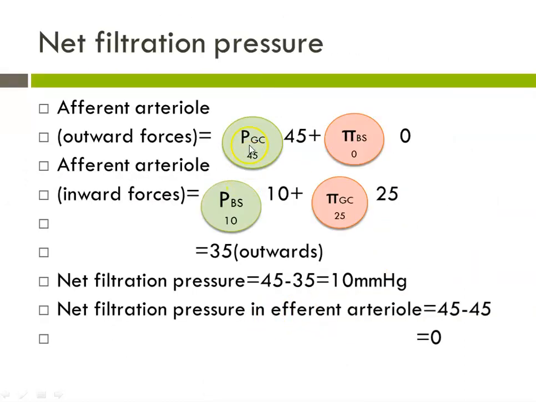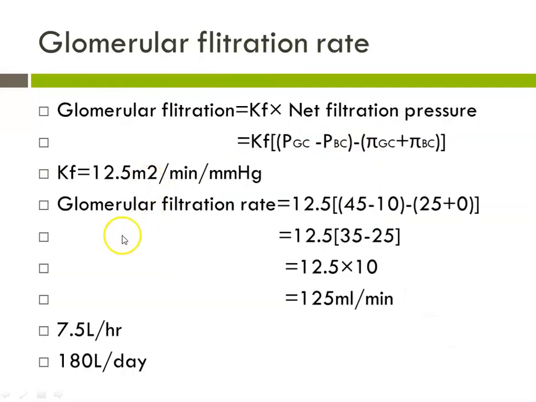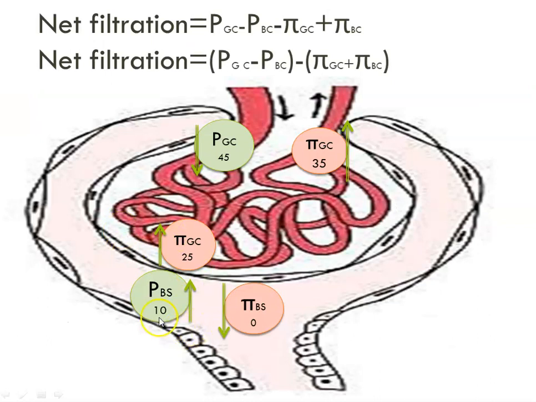These two form the positive pressure, so 45 plus 0. In the afferent arteriole, these two pressures are the inward, or opposite, forces.